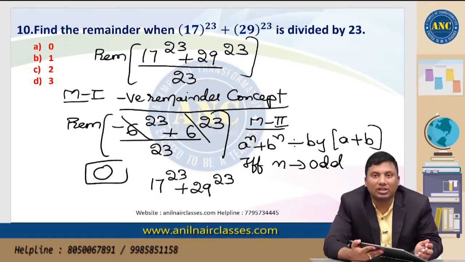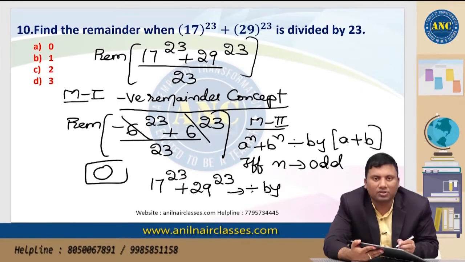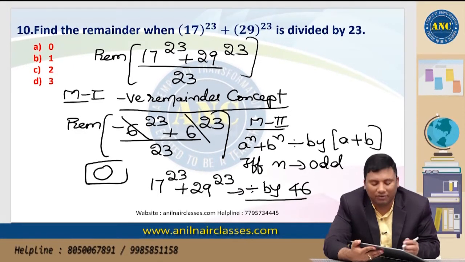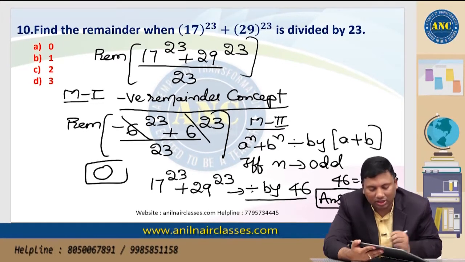Power is 23, which is an odd number. It is always divisible by a plus b. 17 plus 29 is 46. It is divisible by 46. Any number divisible by 46 is also divisible by 23. So the answer for this question is 0.